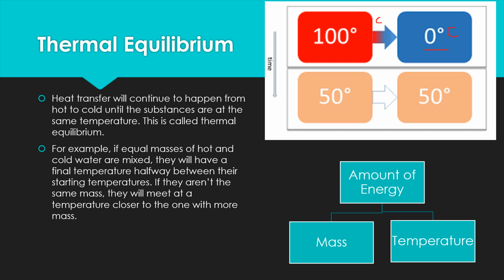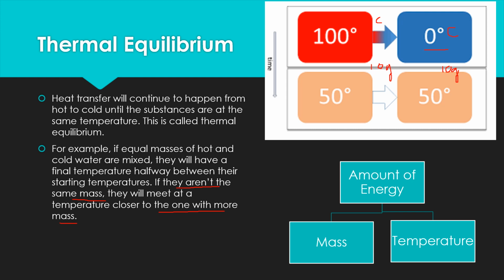Now in this example up here, if we have equal masses, let's say they're both 10-gram samples of water. So 10 grams of 100-degree water and 10 grams of 0-degree water, and we put them together, they're going to meet in the middle at 50 degrees because we have equal masses of the same chemical. Okay. Now, if they aren't the same mass, they will meet at a temperature closer to the one with more mass.